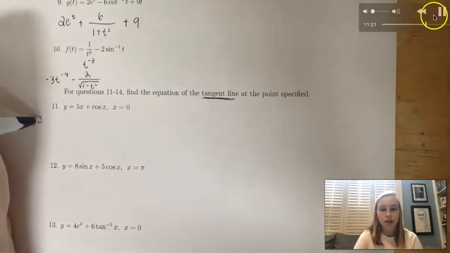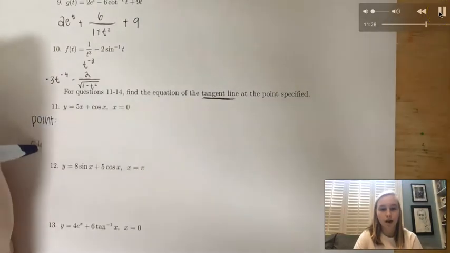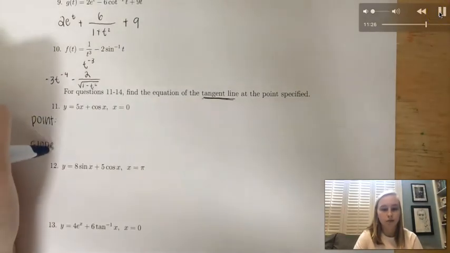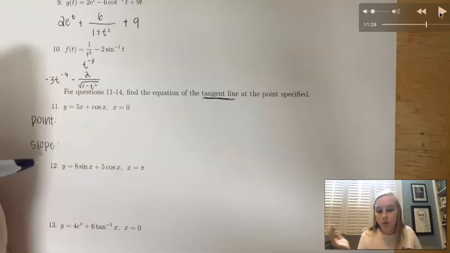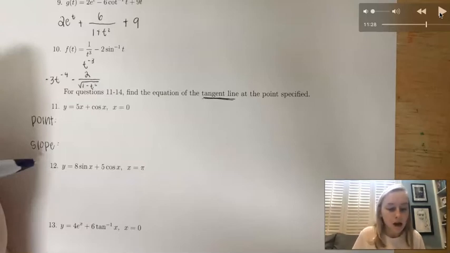What you're going to need is a point and a slope. These are the 2 things you need in order to form an equation. And what's really important about the slope is that the slope is the derivative of the function that you already have. I'm just going to explain the process up front so you can hopefully follow along with what I'm doing.